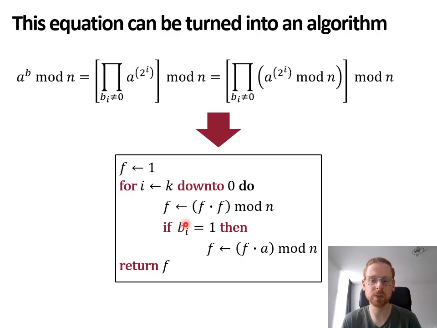Then we multiply f by itself modulo n. If this bit b_i equals 1, we also multiply f by a modulo n, and after the loop we return f, which will then contain the result of a to the power b modulo n.